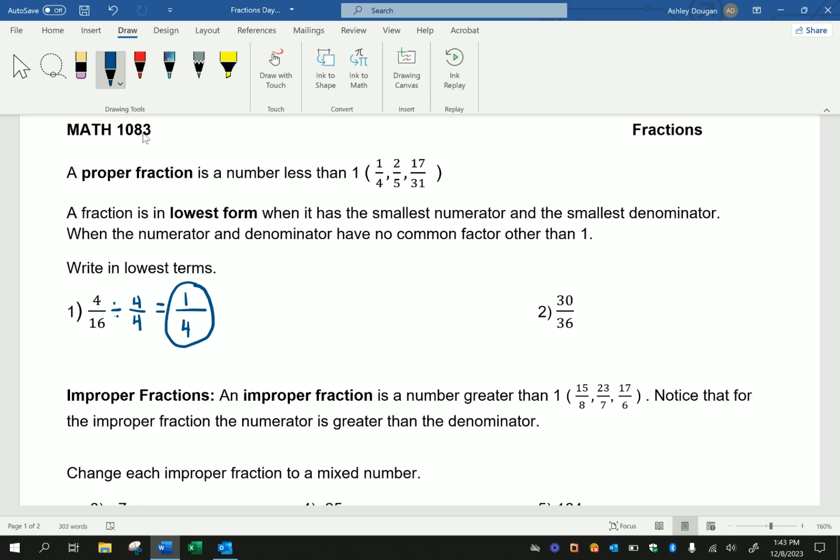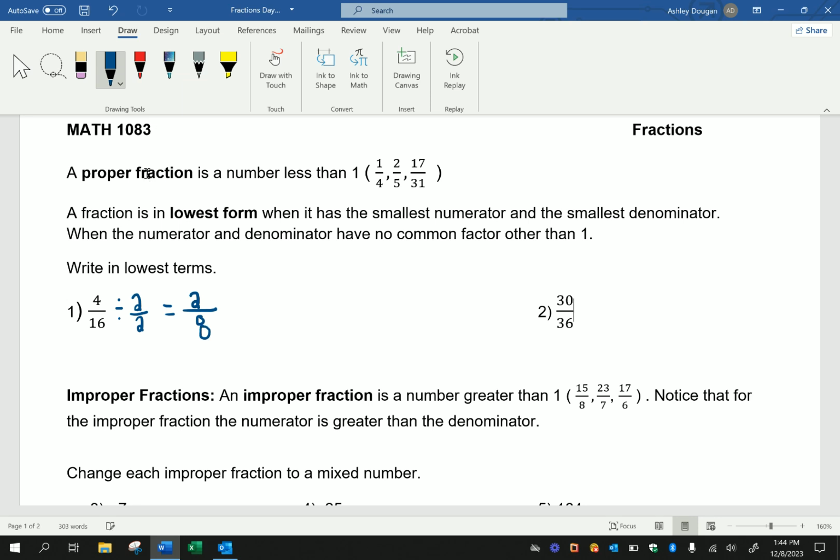Now let's say that you didn't think about 4 right away. Maybe you thought, okay, they're both even numbers, so I know that they're divisible by 2. And we divided both of them by 2. 4 divides into 2 2 times. 16 divided by 2 gives me 8.